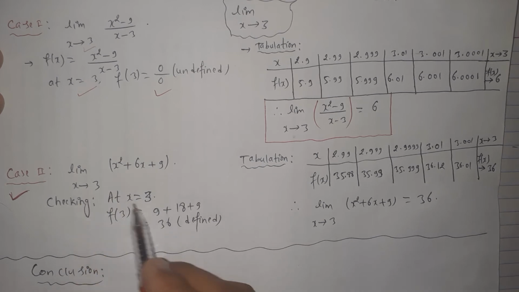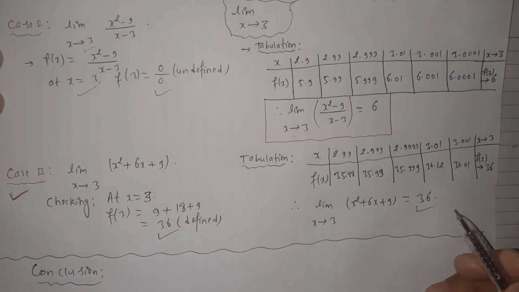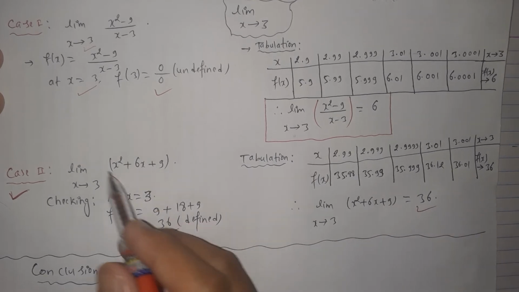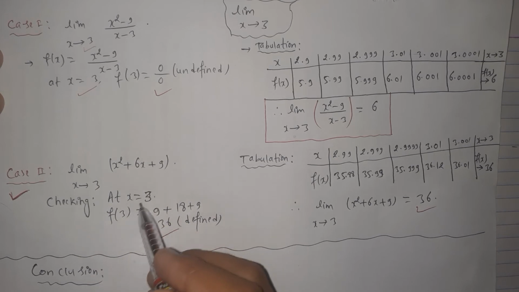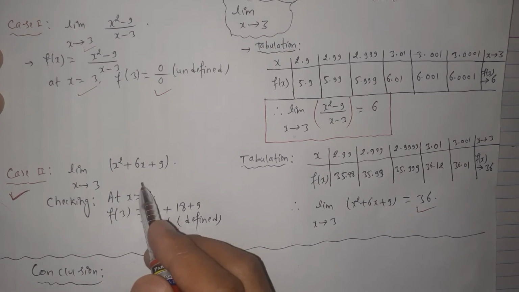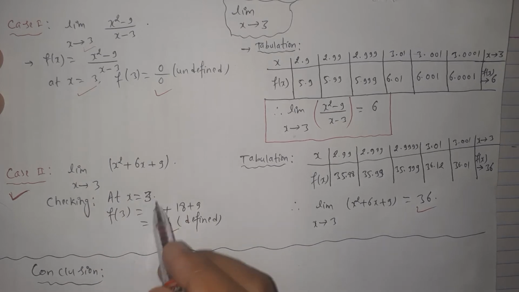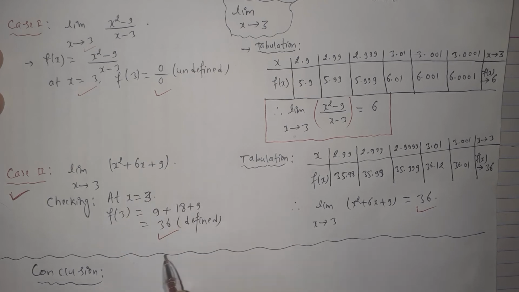Here we plug in the point x equals 3, then the result is 36, which is the same as the limiting value. So we can conclude that if the function is defined at the point to which the limit is going to be calculated, then the limiting value will be the same value when we plug in the same value of x.